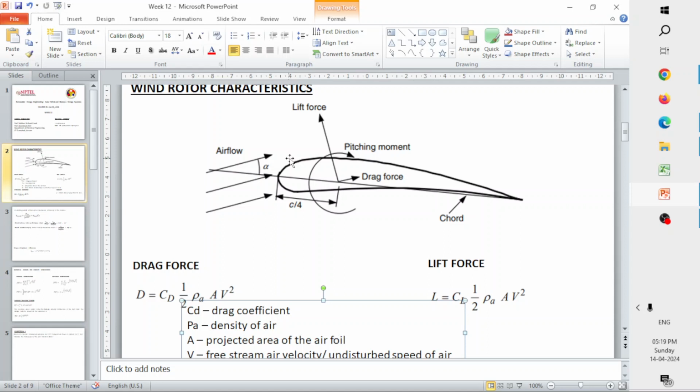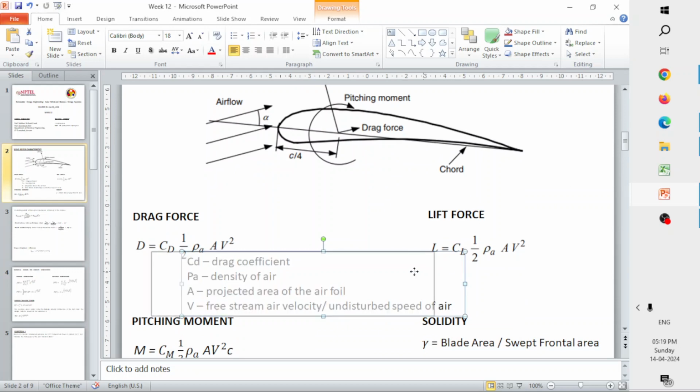The major reason why the lift force is generated is again the unequal pressure differences between the surfaces. The reason for the unequal pressure difference is that the airfoil is curved in shape. So the pressure at the top and the pressure at the bottom will be different.